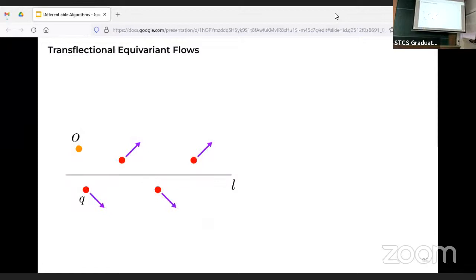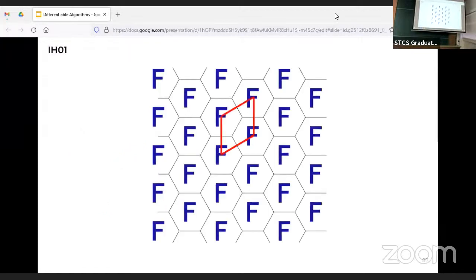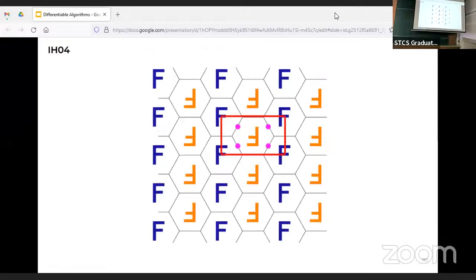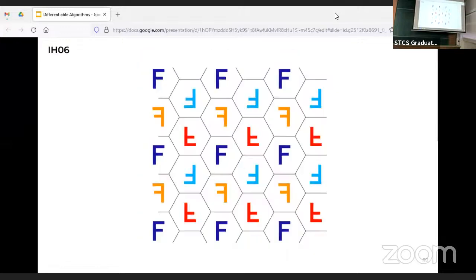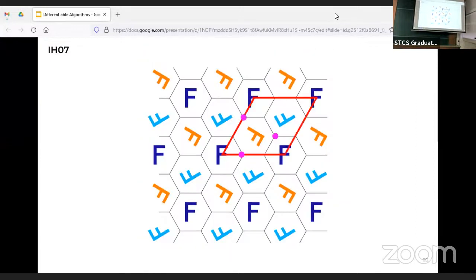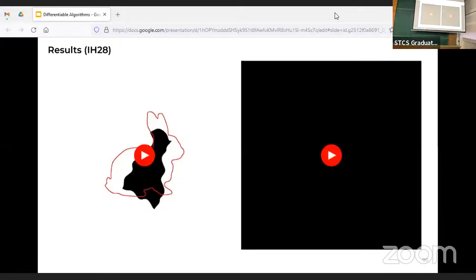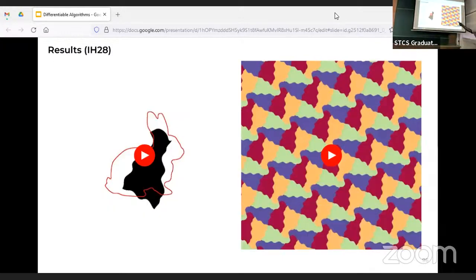Okay, so I'll quickly go to the results. We implement all the classes and design the symmetries for them, and show some results. Here is the shape, the red outline.